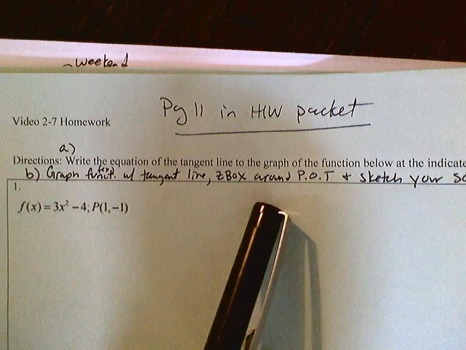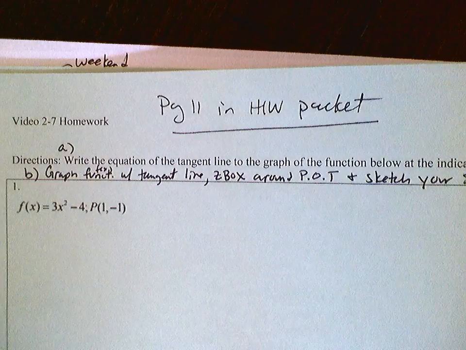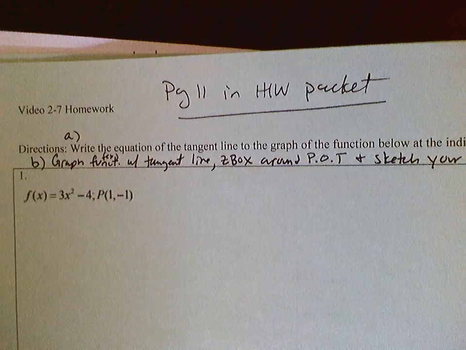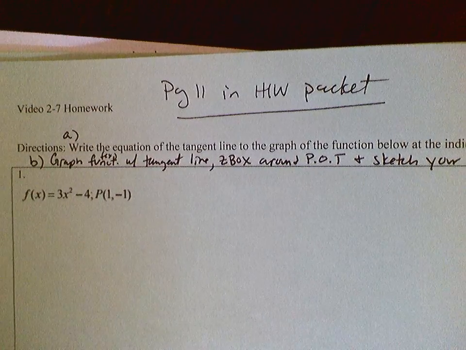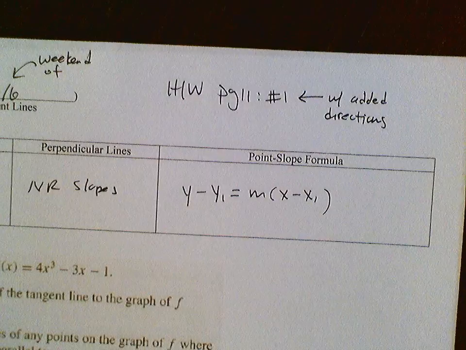Zoom box around the point of tangency. That's what POT stands for. And sketch your screen. Okay, so please add in those directions. You might want to pause the video so that you can write them down. So we're adding to the homework directions. But still, it is just the first problem on page 11.